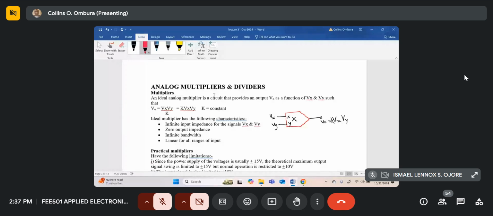Now, apart from the microprocessors and microcontrollers, I think the analog multiplier is one of the other very useful electronic circuits. Without it, there will be no long distance communication.